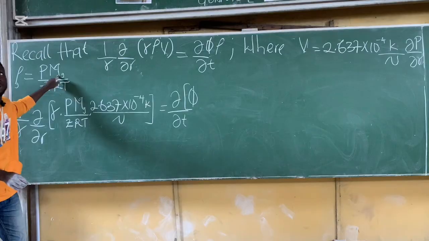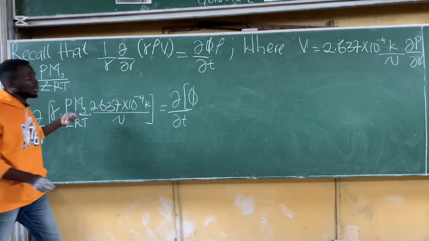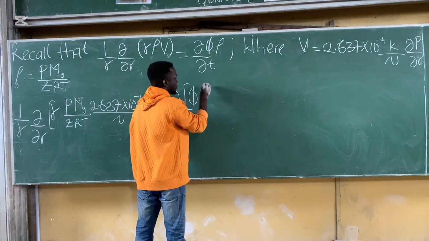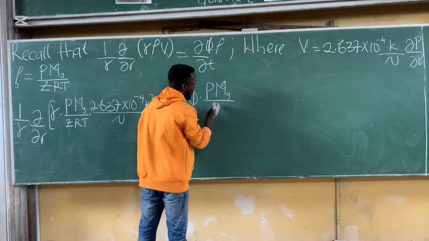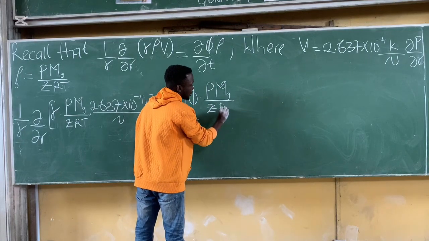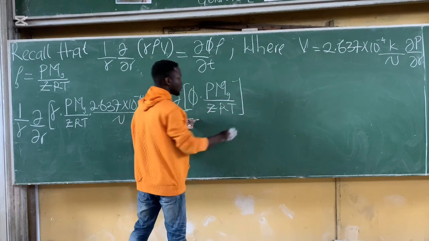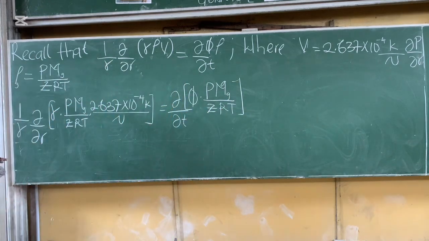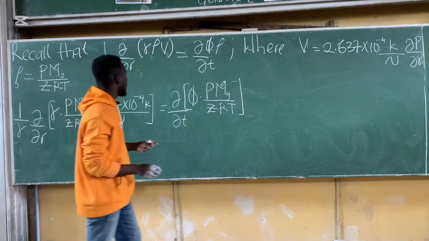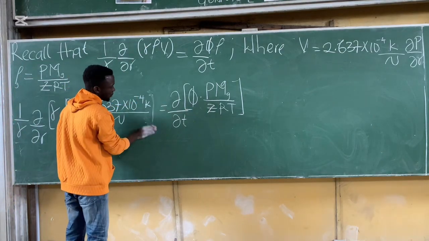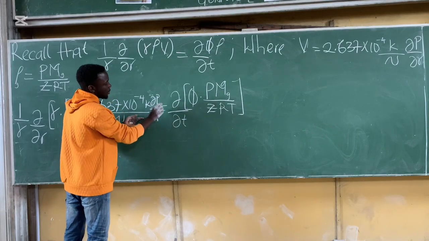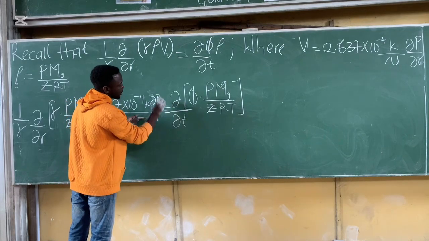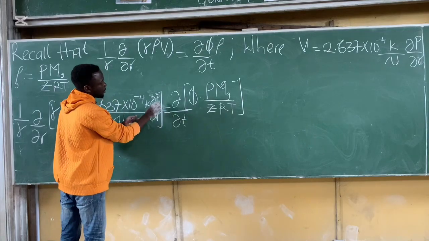It's P Mg over Z R T. So this will give us P Mg divided by Z R T. Here we are supposed to have dp/dr before we close the bracket. So we have this.